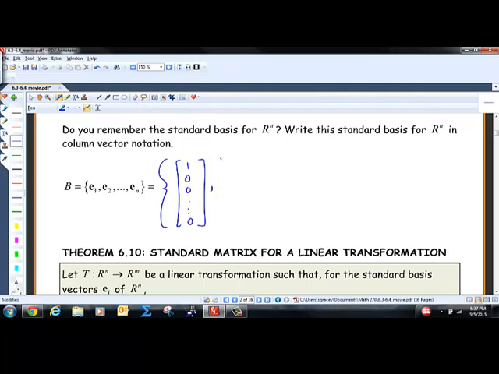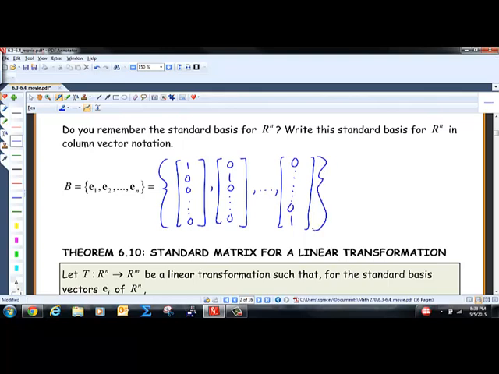Your next one would be 0, 1, 0, dot, dot, dot, 0. And as you go on in that manner, your last vector, where's that 1 going to be? Great, it's in that last row. It would start off all zeros until the component just before, and then you'd have the 1.